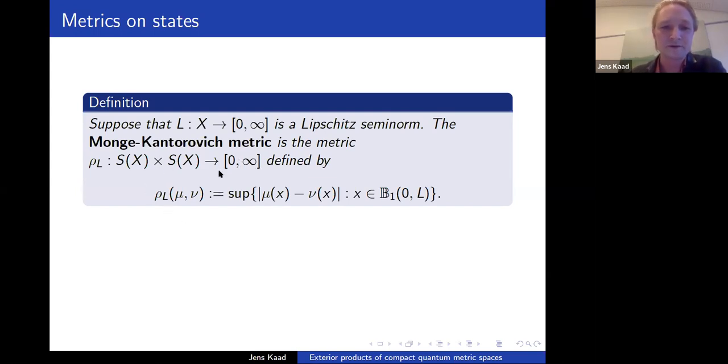The distance between two states is the supremum: I look at all elements in the Lipschitz unit ball, so all operators where the Lipschitz norm is less than or equal to 1. And then I look at the absolute value of the difference of the two states applied to my operator. Take the supremum. So that's the distance between these two states.